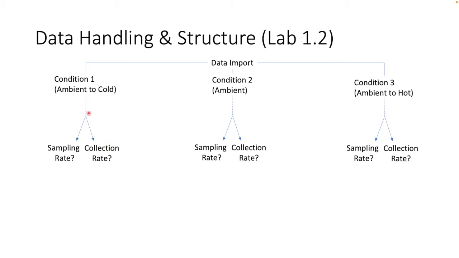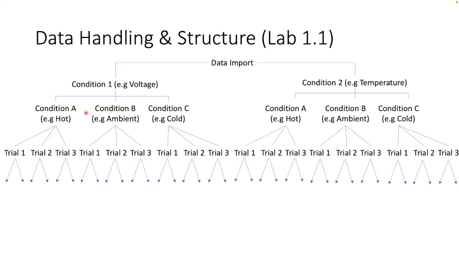So this dotted line, in some regards, is an oversimplification of even this level of data structure being shown for one of the commercial or homemade equipment, as one of those particular equipment then branches out into its respective sampling and collection rate.